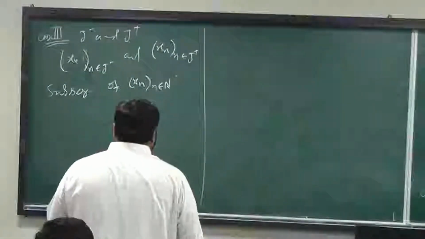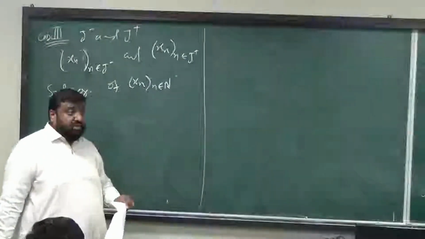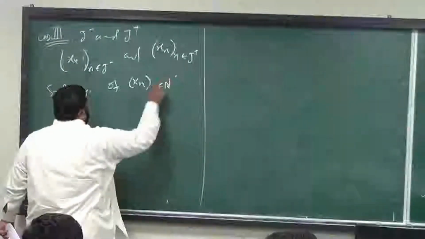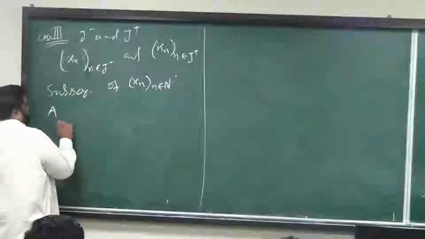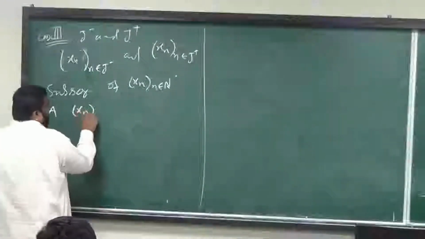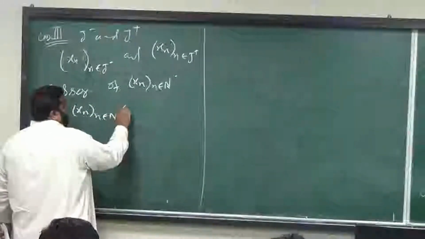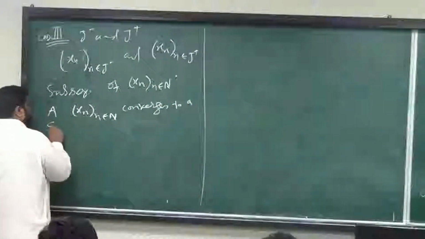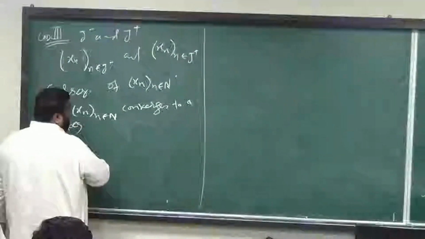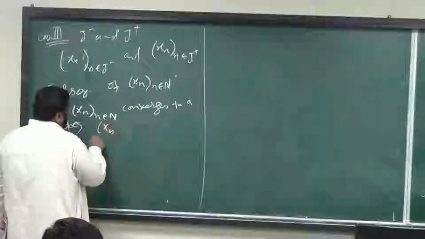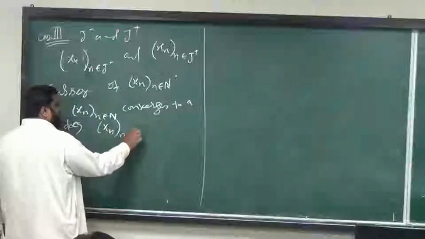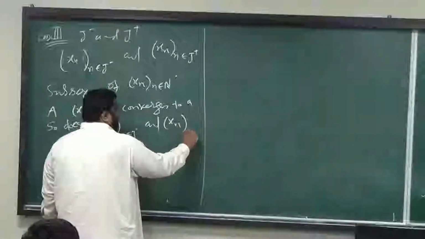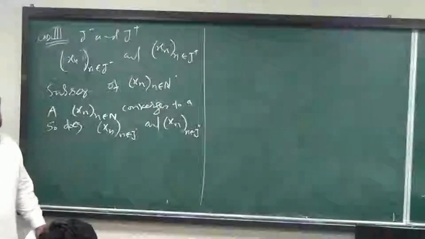Since this one is converging to A, both are going to converge to A. As x_n, n belongs to N, converges to A, so does x_n for n belongs to J minus, and x_n for n belongs to J plus.